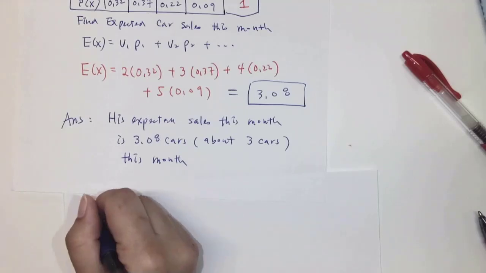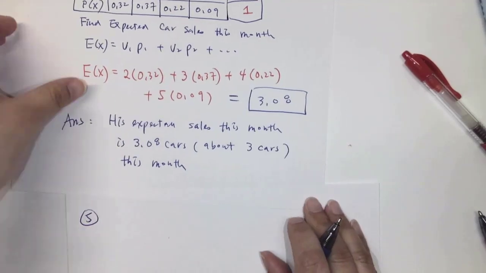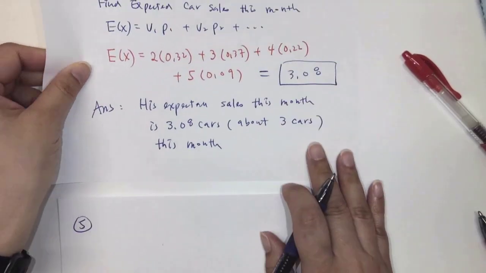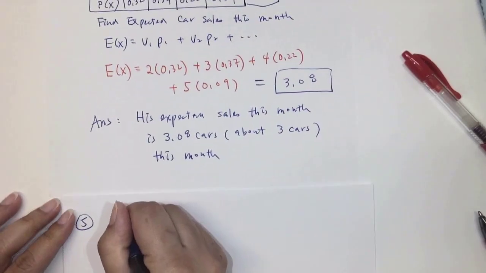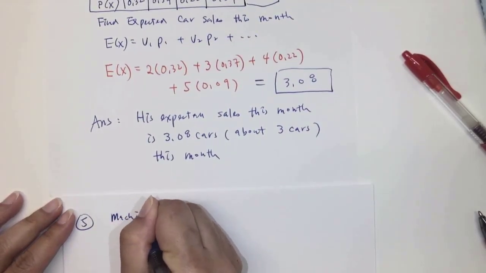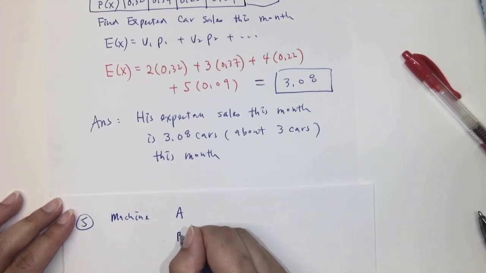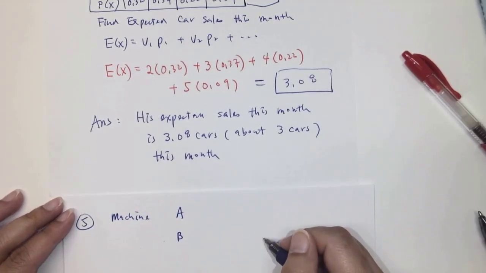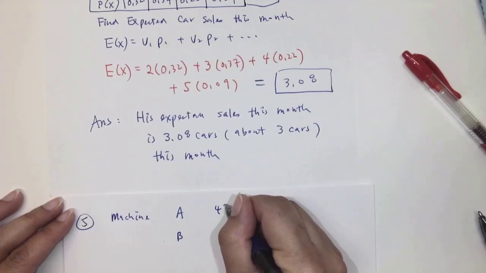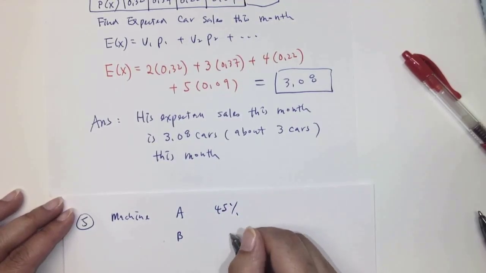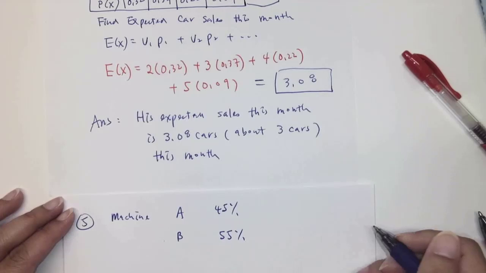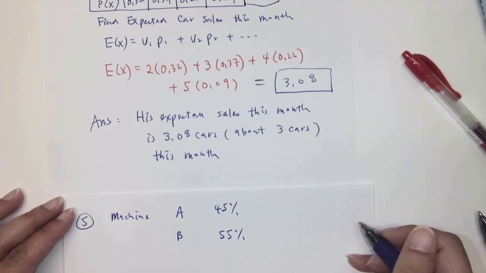One of the questions I may ask you is saying that you have two machines, machine A and B. One produces 45% and one produces 50% of whatever you're making, respectively.